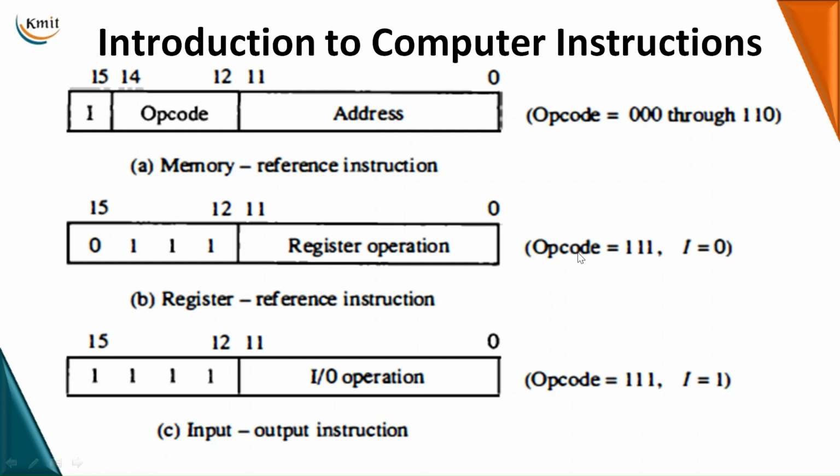If the opcode of the instruction is 111 and the I bit is 0, the instruction is called a register reference instruction. And whenever the opcode is 111 and the I bit is 1, the instruction is an input output instruction. We'll learn in detail about these instructions in later topics, but computer instructions are basically classified into these three types.